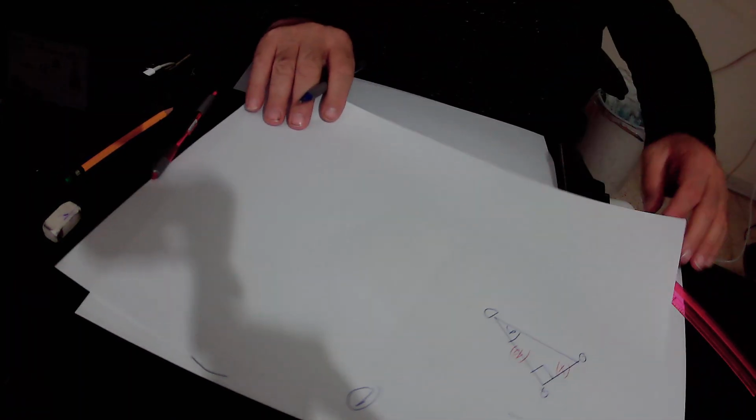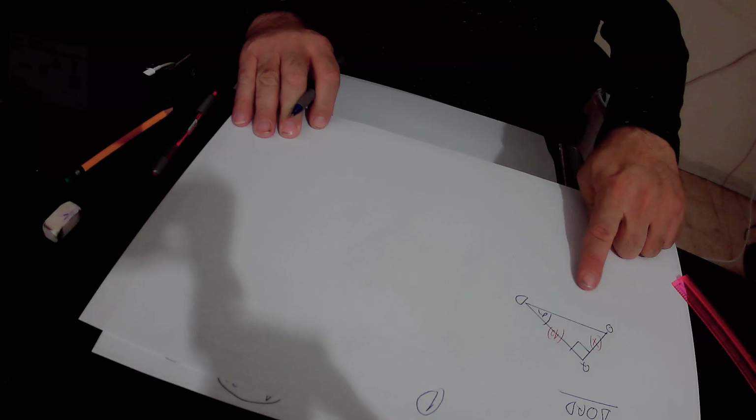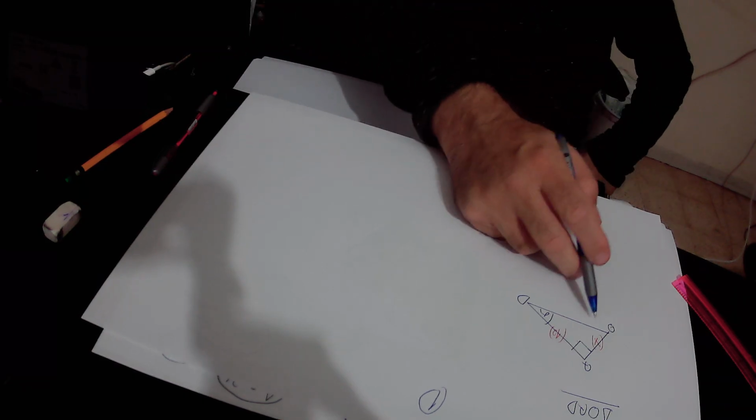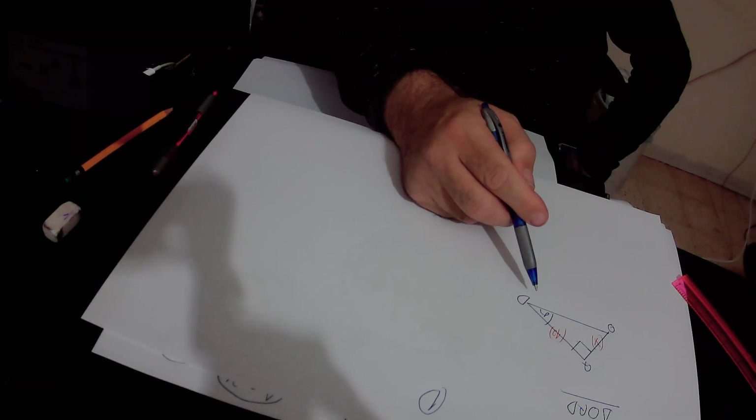So this is the right triangle OQD that I copied from the original drawing. QO equals x according to our definition, QD equals 12 units.